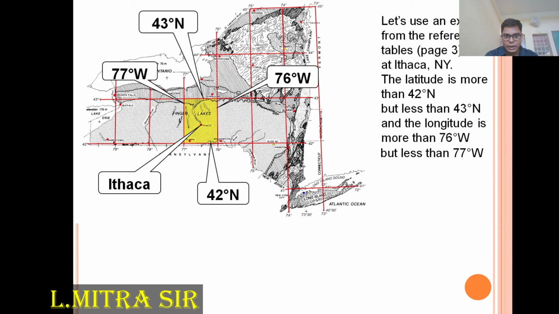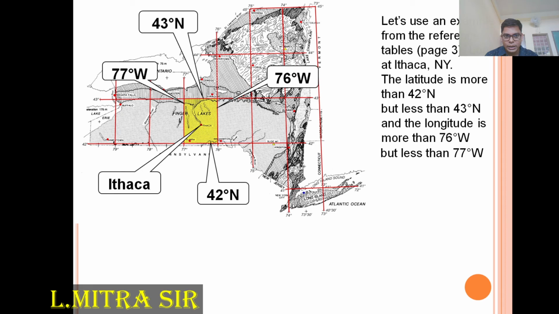This place we can also find. It lies between 73 and 74, and between 45 and 44. More than half is there, so it will be 44 degrees 30 minutes north, 74 degrees 30 minutes. This will be our exact location.